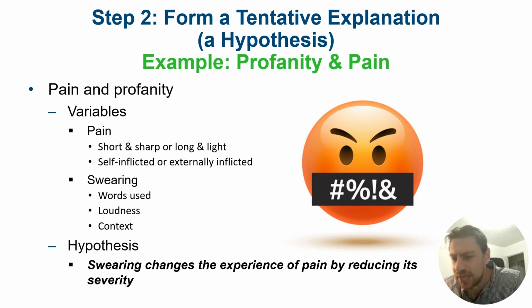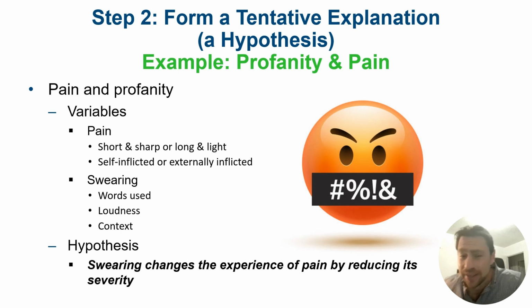So let's look at our example using pain and profanity. Pain and profanity are different kinds of variables. For example, pain can be short and sharp, like a needle prick, or maybe long and dull. It can be self-inflicted or inflicted by somebody else.